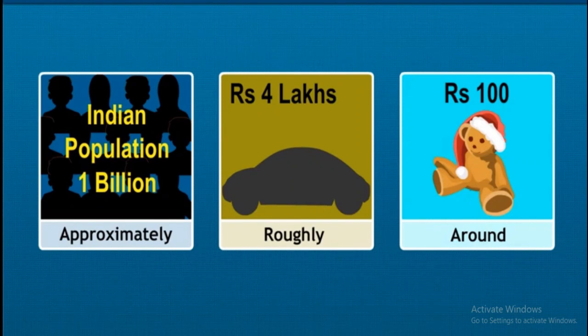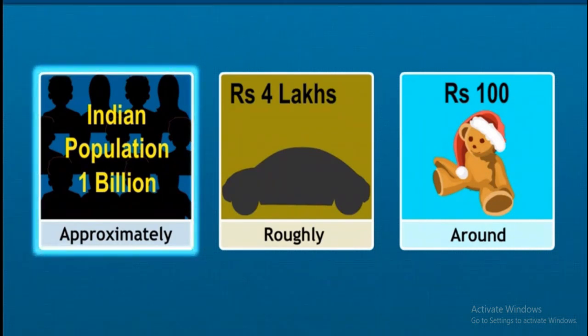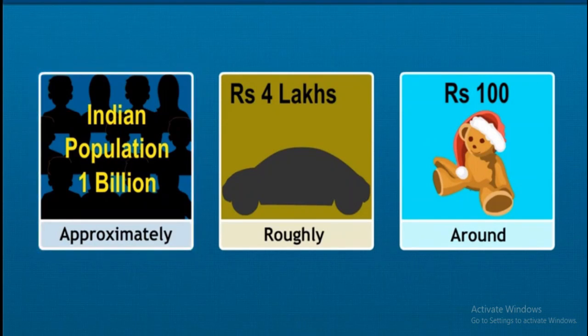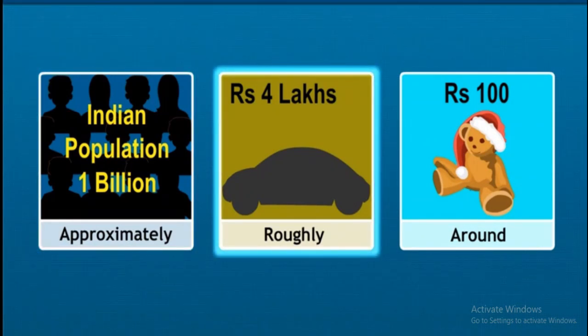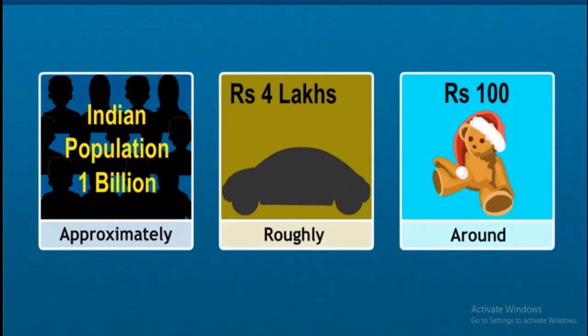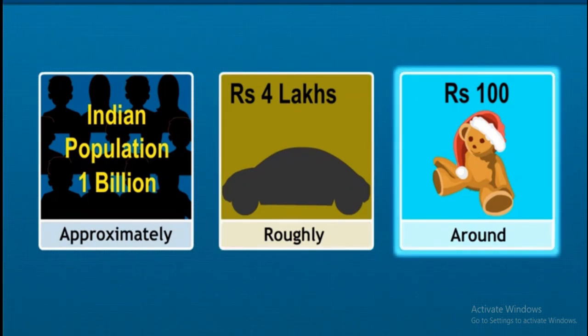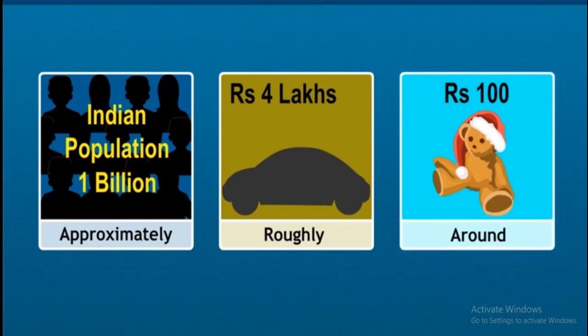For example, the population of India is approximately 1 billion. The cost of a standard family car is roughly 4 lakhs. These toys will cost around 100 rupees. These words are used when estimates of quantities are stated.